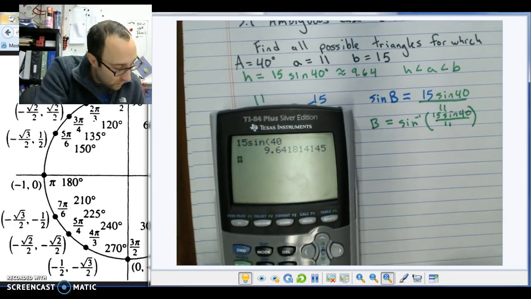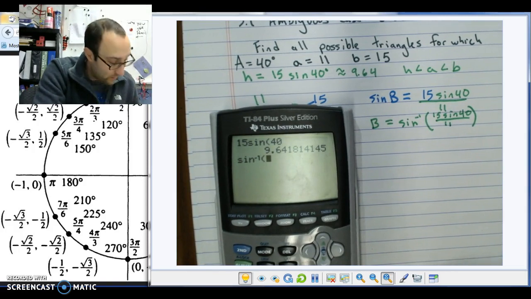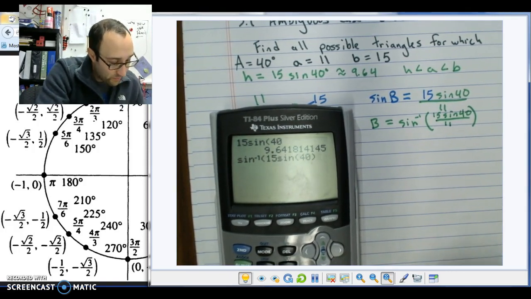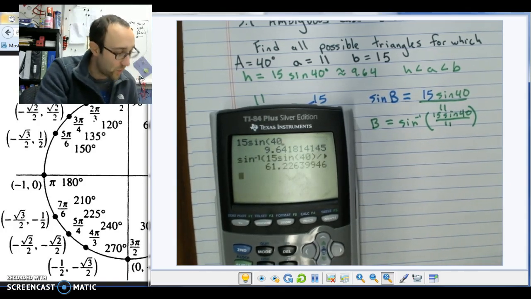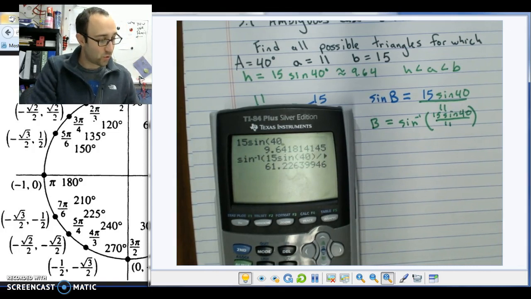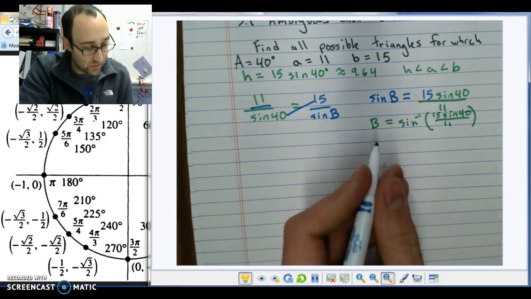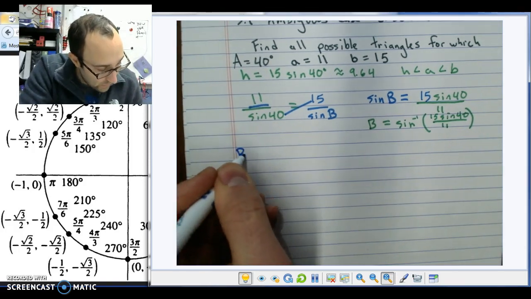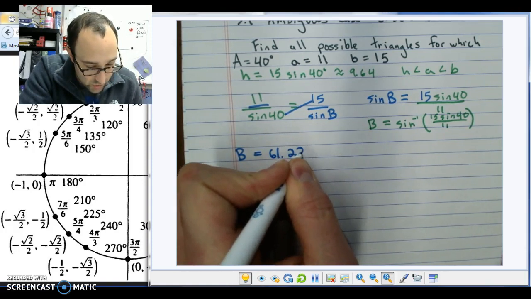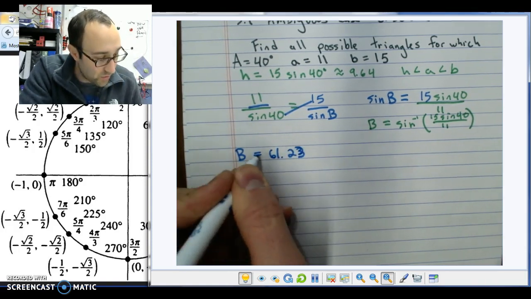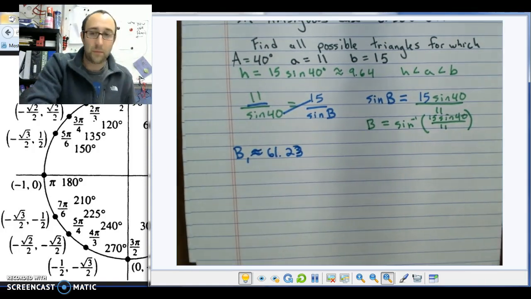I do inverse sine of 15 sine 40, close my parentheses on the 40, divide by 11, close my parentheses on the inverse sine, and we end up with 61.23 degrees. Let's use blue for that one. So B is about 61.23, and I'm going to call that B1.